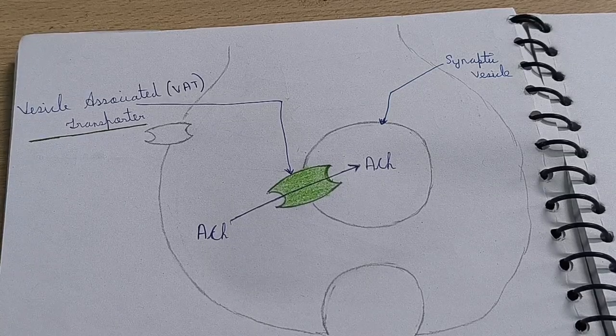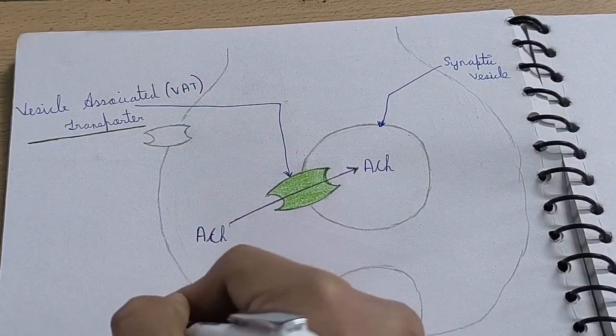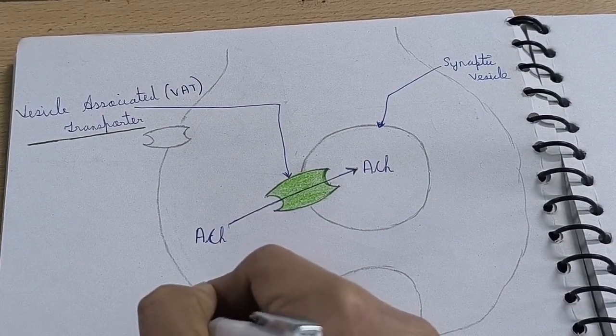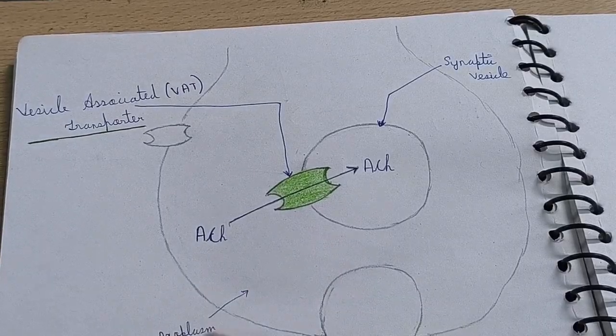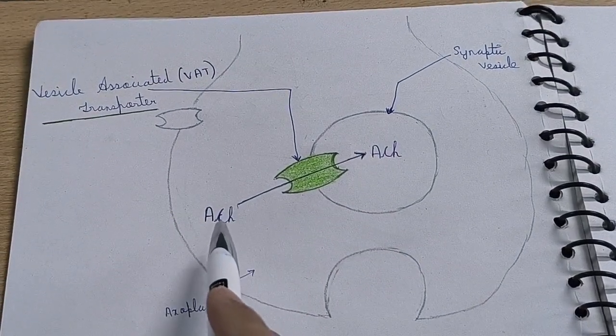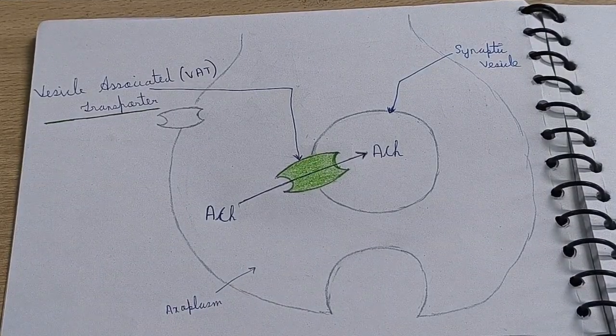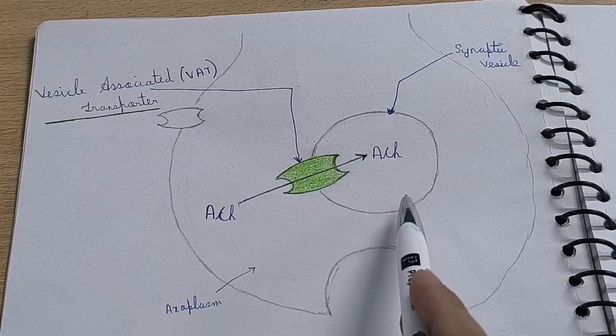So friends, once again, this is the axoplasm. As you already know, in the axoplasm of this axon terminal acetylcholine is synthesized, but this acetylcholine has to be stored in the synaptic vesicle.